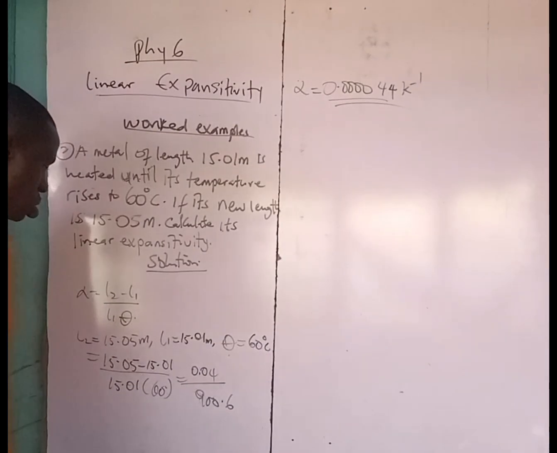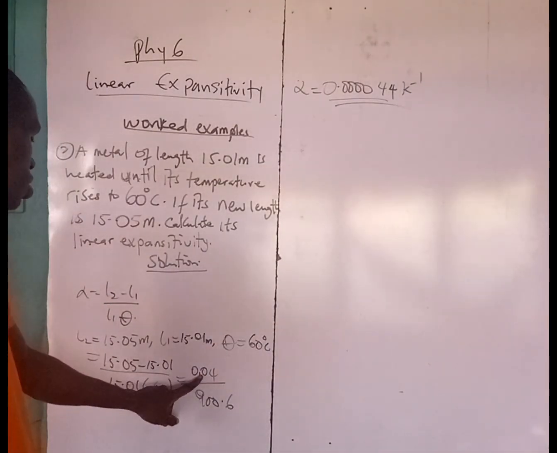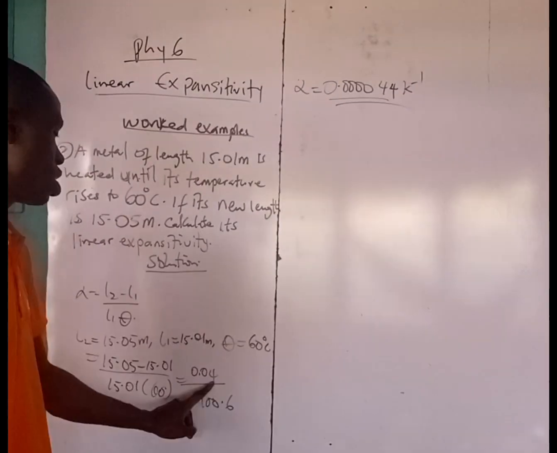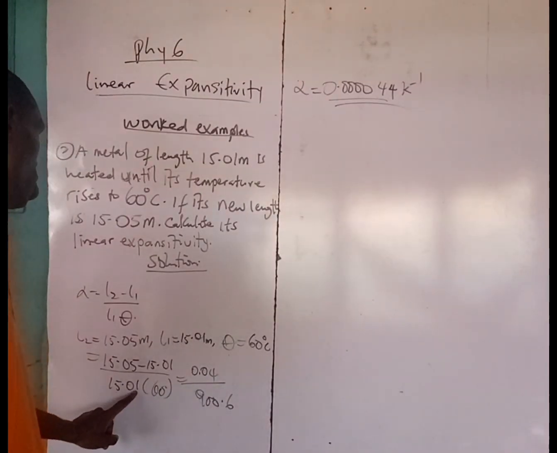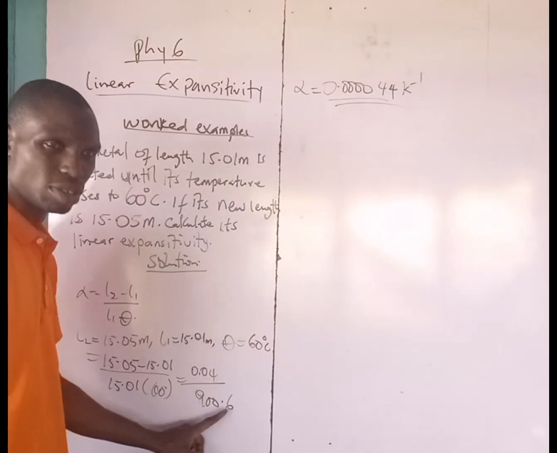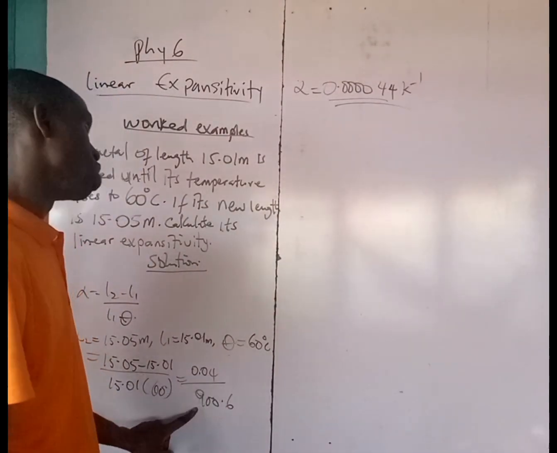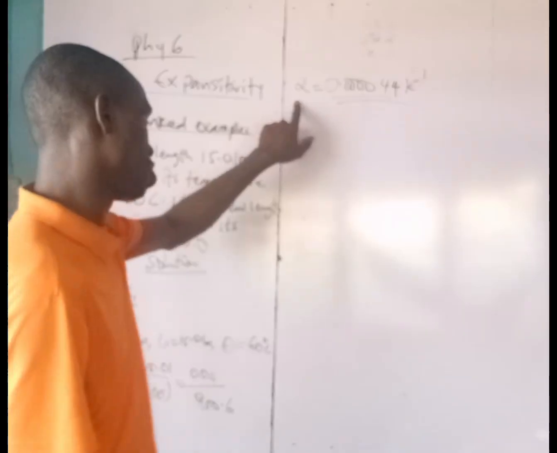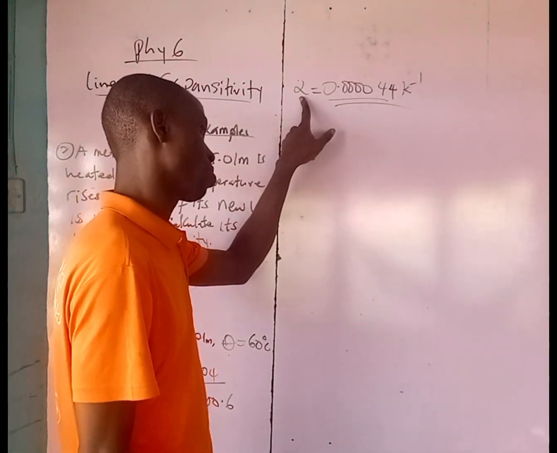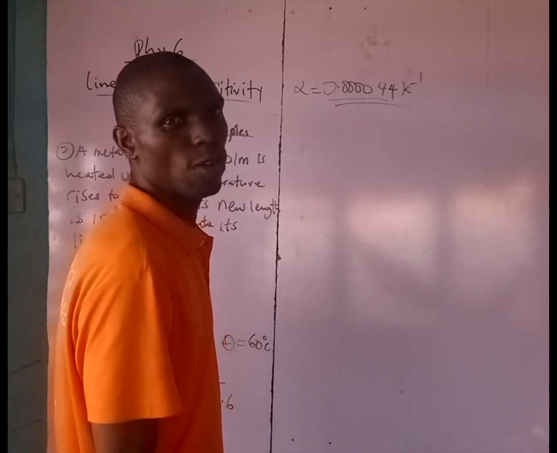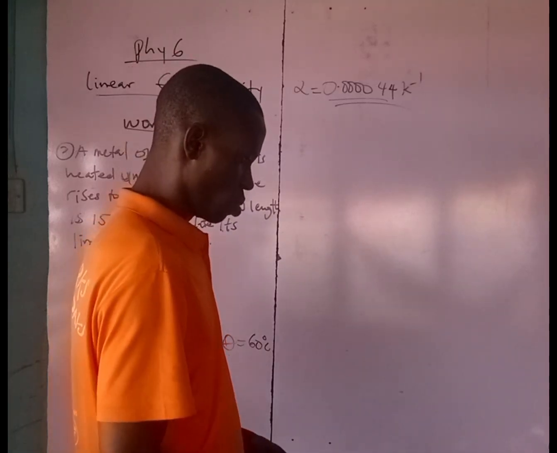By the time you subtract this from this, 15.05 minus 15.01, you have 0.04. 15.01 multiplied by 60, you have 900.6. Then by the time you use 0.04 to divide 900.6, our alpha, which is linear expansivity, is going to give us 0.000044 per Kelvin.